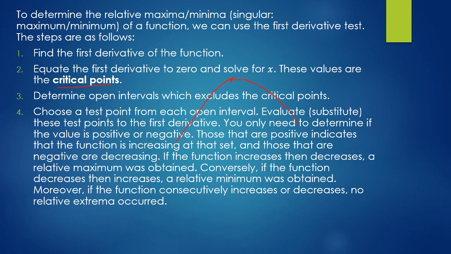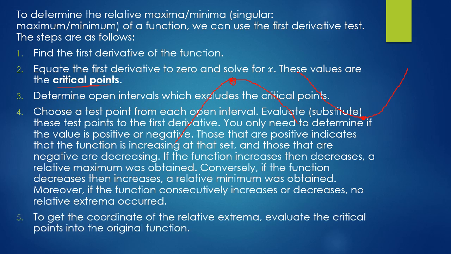So this part here, the highest peak is what we call the relative maximum. And if on the other hand, it comes from a decreasing pattern and then went to increasing, so we have here a relative minimum. So the first derivative test here again is determining if the function is increasing or decreasing. And then if there is an alternating pattern, then we are able to get a relative maximum or minimum.